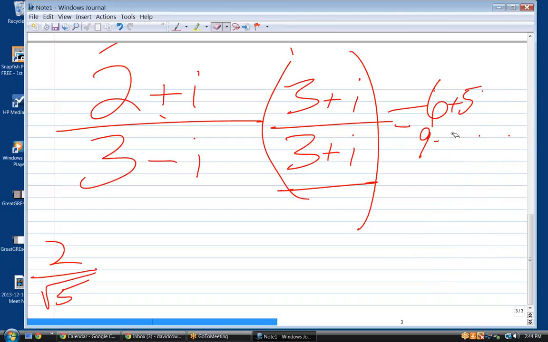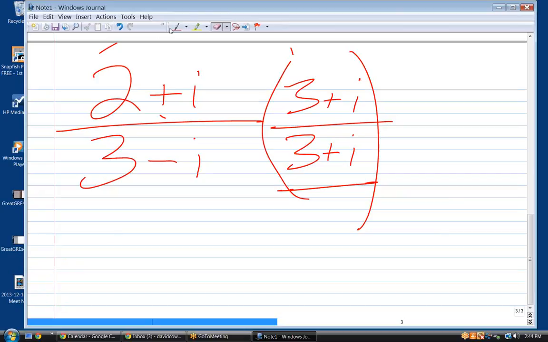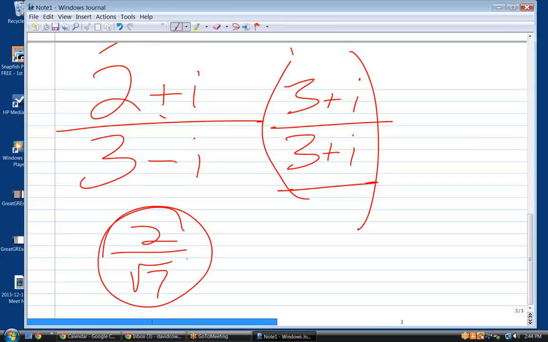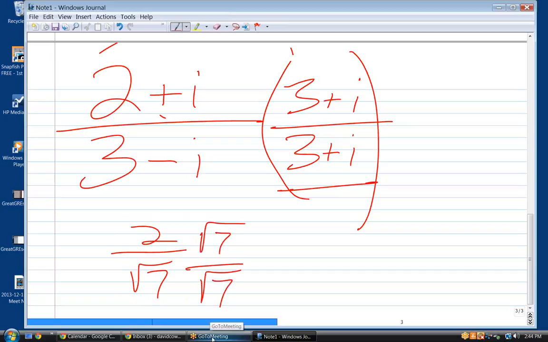It just looks like a division problem. It really is not. Any more than if I said 2 over square root of 7, that is not a division problem. It is a problem that requires us to rationalize the denominator, which I'm going to do by multiplying that fraction by that number, 1.